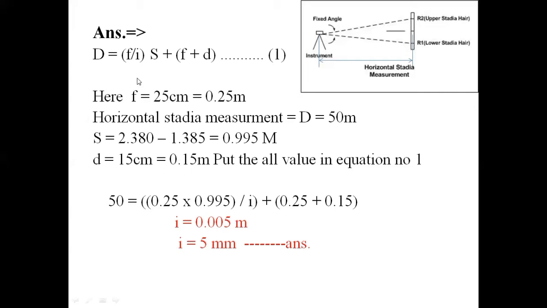Putting all the values in equation number 1, we get 50 equal to 0.25 divided by i multiplied by 0.995 plus 0.25 plus 0.15. Solving this equation, we get i equal to 0.005 meters, or you can also write i equal to 5 mm. That is my final answer, and that is called the stadia interval.